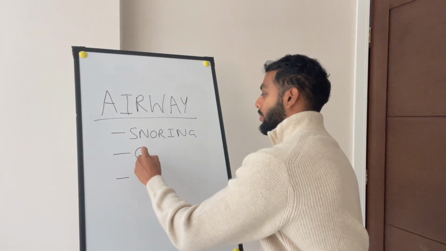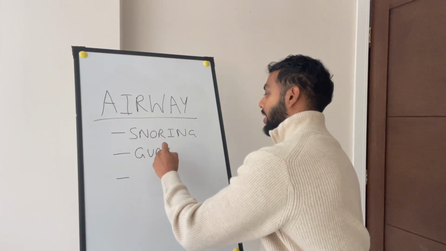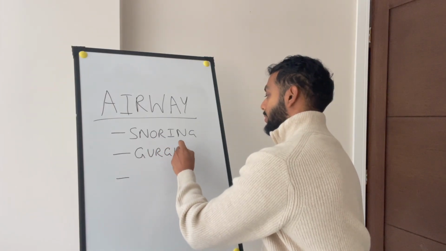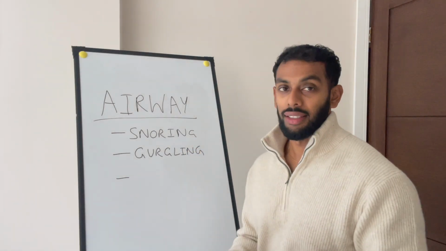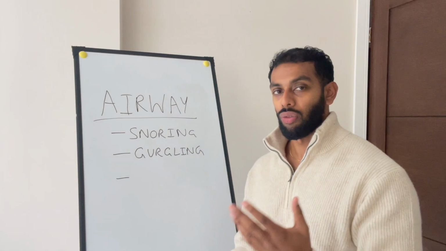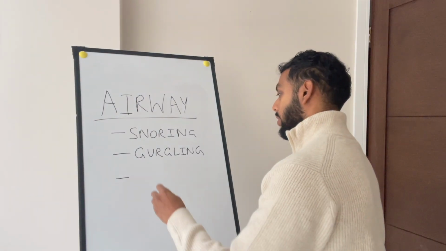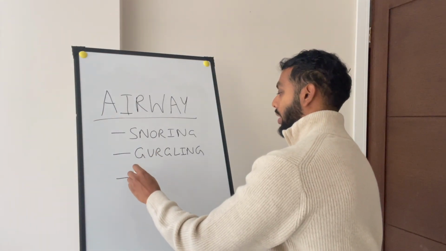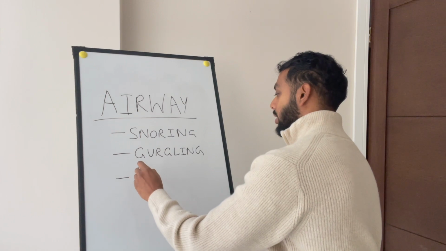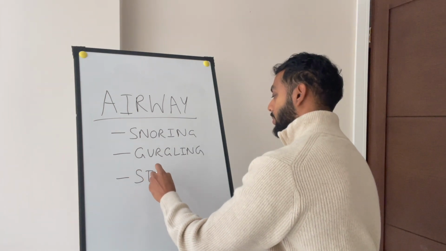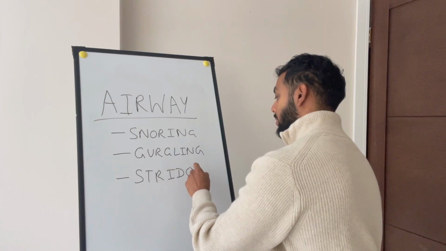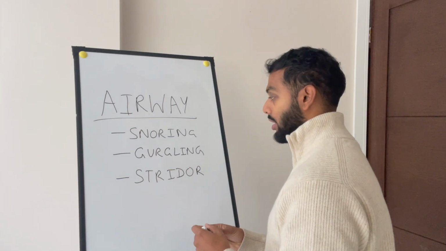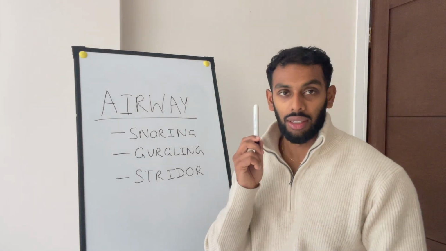Second one, gurgling. That is a sign of fluid, blood or vomit. And then the third one is stridor. So a high-pitched wheeze.